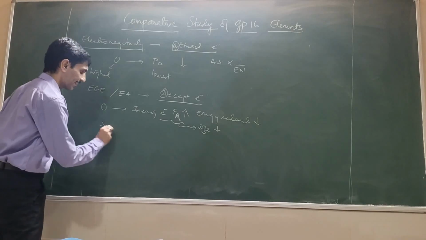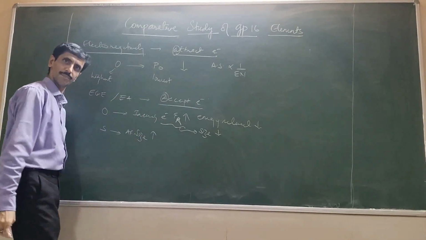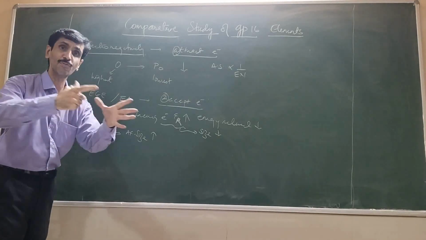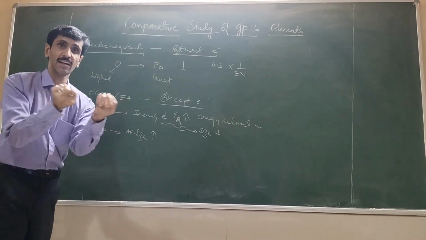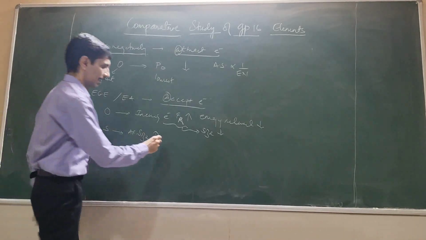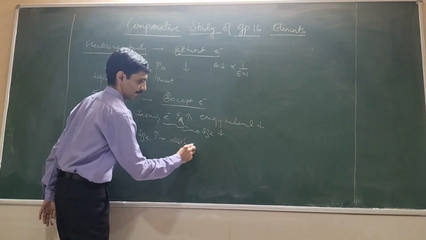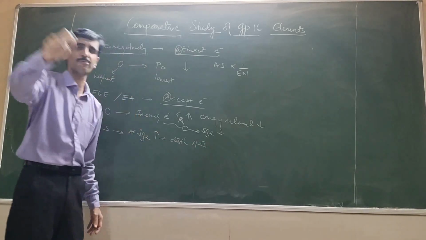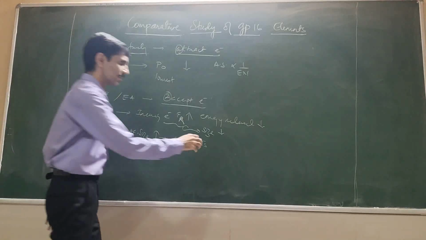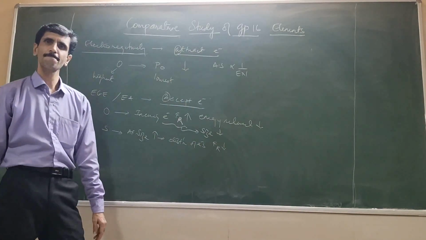But my dear friends, when we talk about sulfur, the atomic size comparatively is more. So if the size is more, expansion takes place. The electron distribution takes place. Okay, so it is going to be distribution of electrons, the spreading of electrons. And because of that, the electron-electron repulsion decreases.